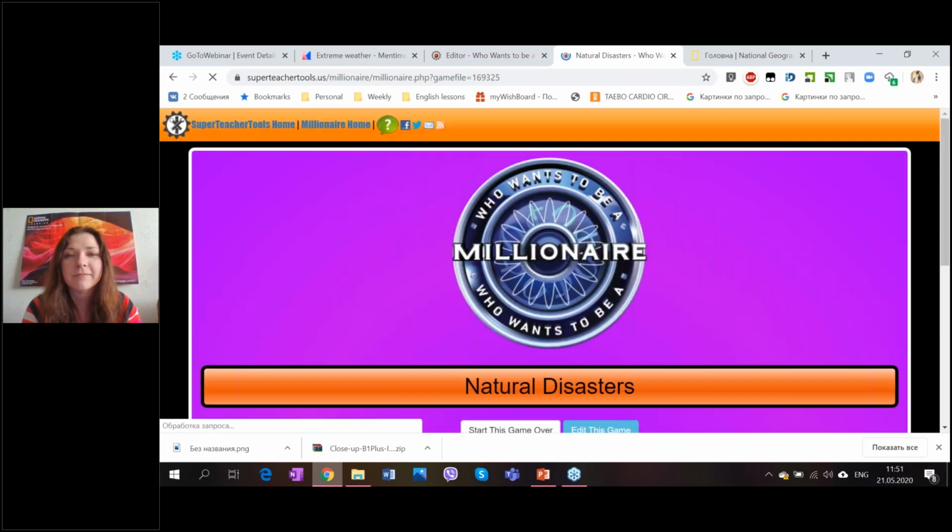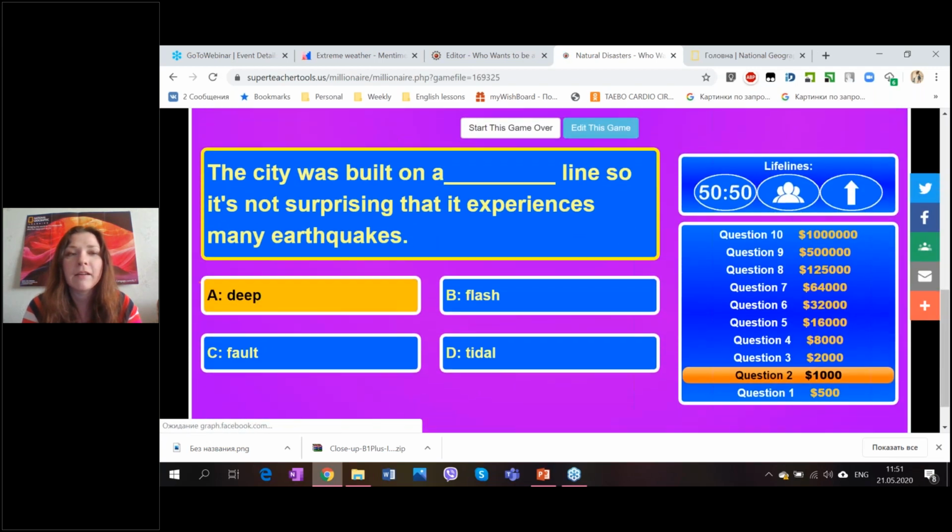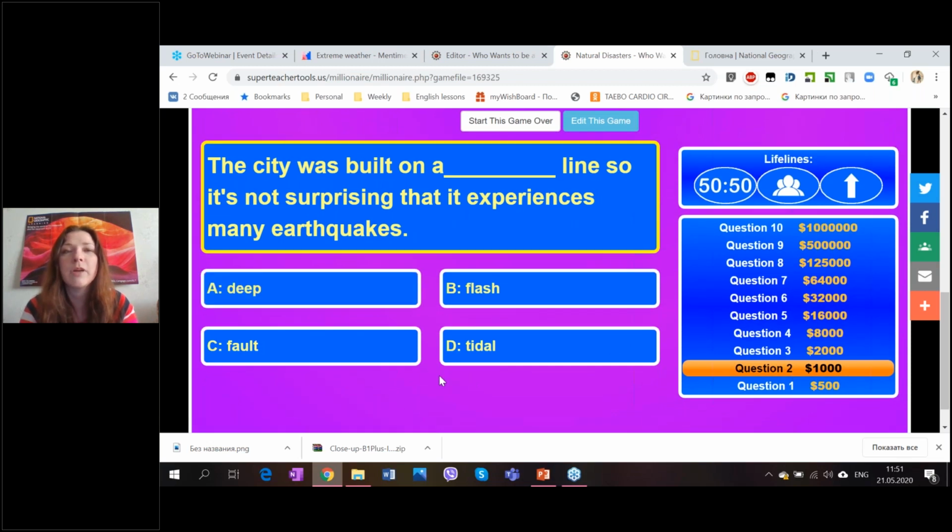The city was built on a fault line, so it's not surprising that it experiences many earthquakes. A, B, C, D. Now I guess that most of you know this word.